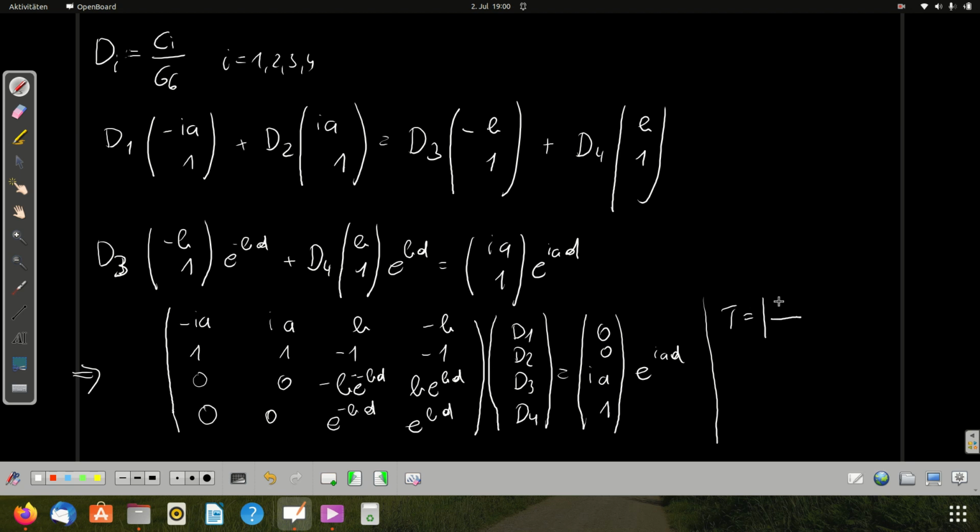It is namely c6 over c2, and that is nothing else than one over d2 and its probability density. And the calculation of this value will be carried out in the next video, as well as the interpretation of the result.